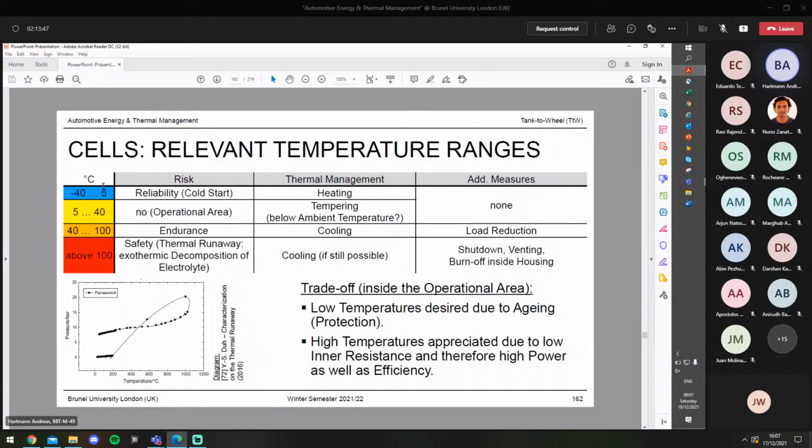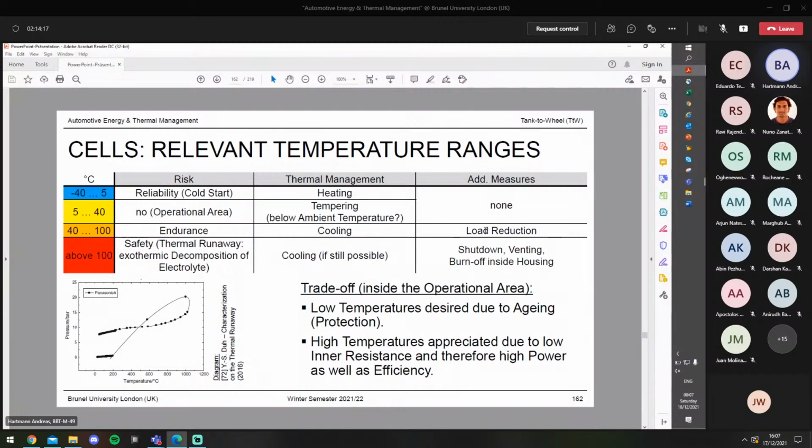And if you go below 5 degrees Celsius, you might have a risk regarding the reliability, and therefore the battery must be heated. When the temperature exceeds 40 degrees, maybe 50 degrees Celsius, you've got an issue with the endurance, and therefore you need to apply a cooling to the battery.